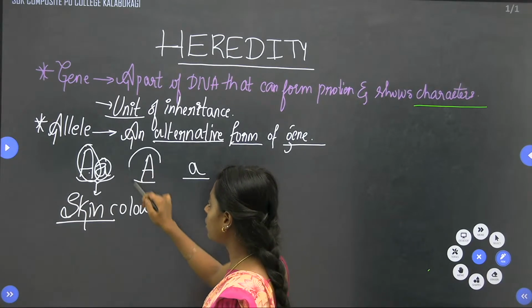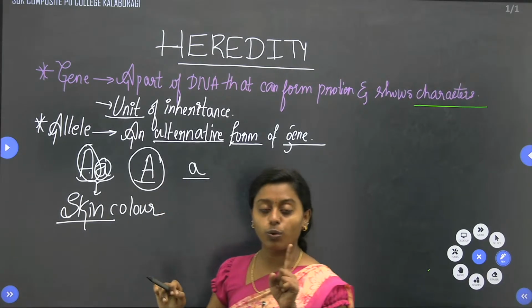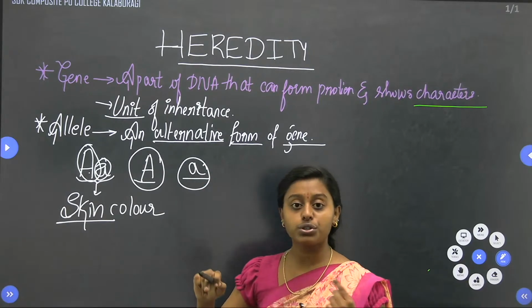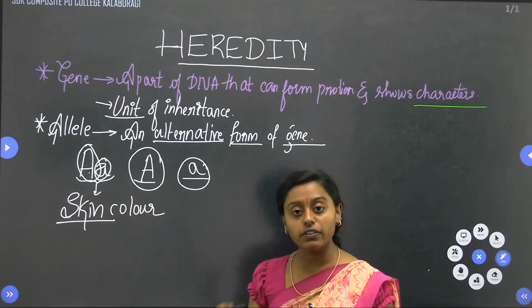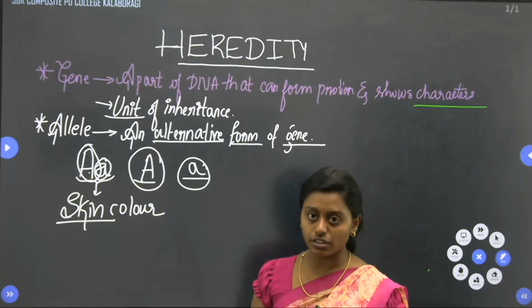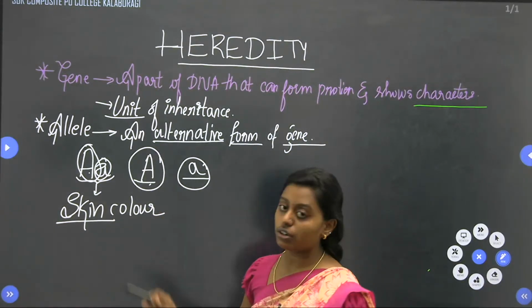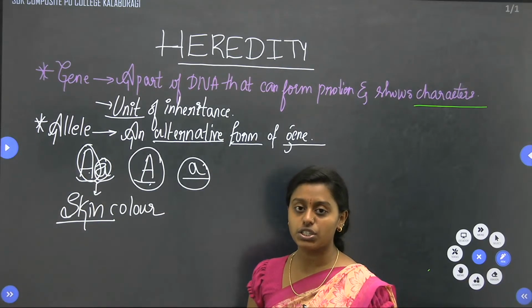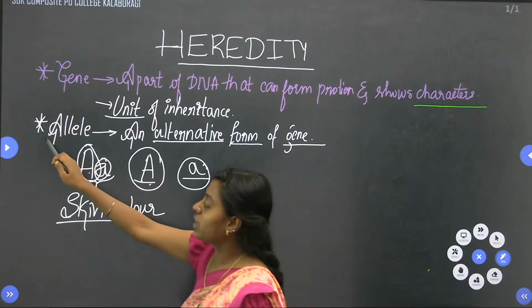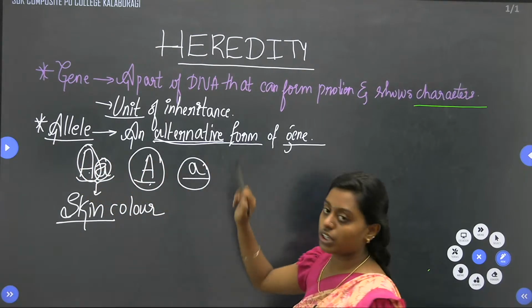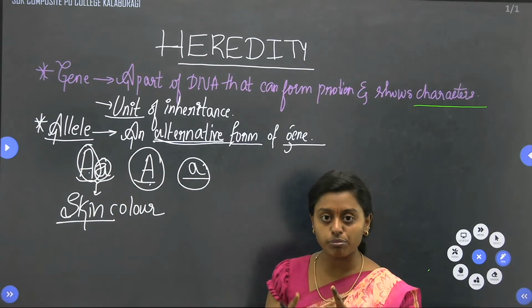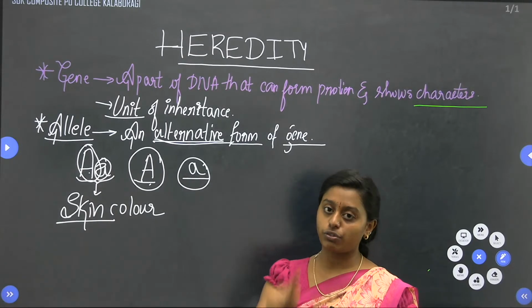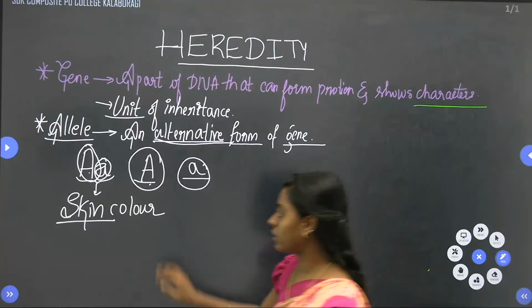If capital A is responsible for one type of the skin color, then small a is responsible for another type of the skin color. So both of these are contrast or opposite to each other in nature. That is why we say that allele is an alternative form of a single gene which is responsible for one character.